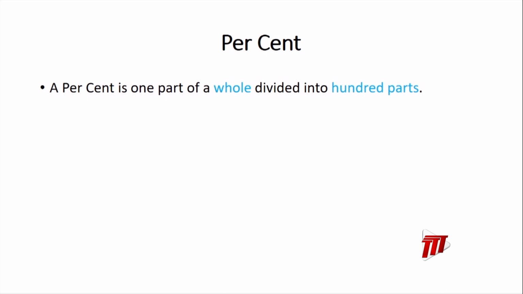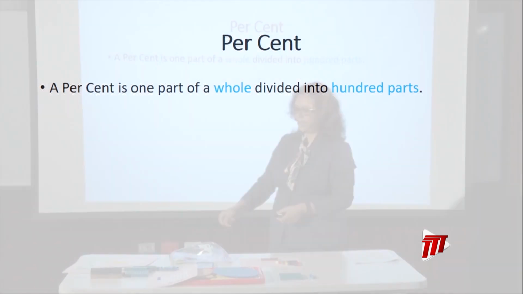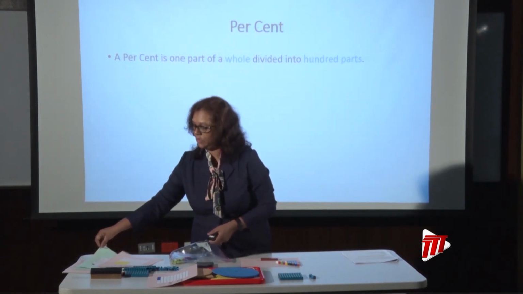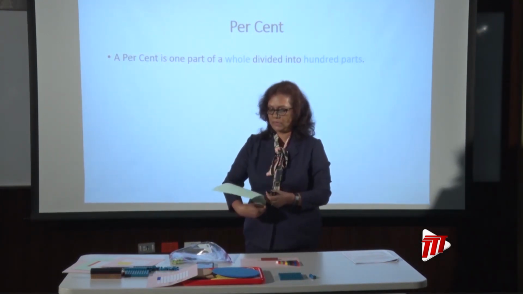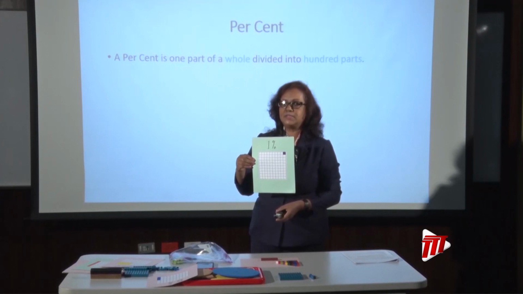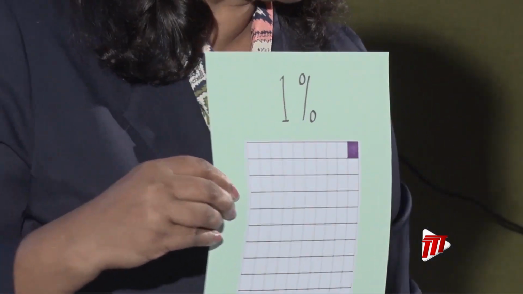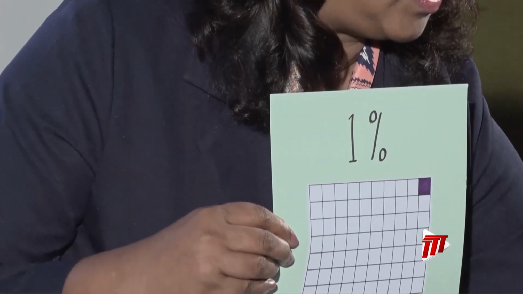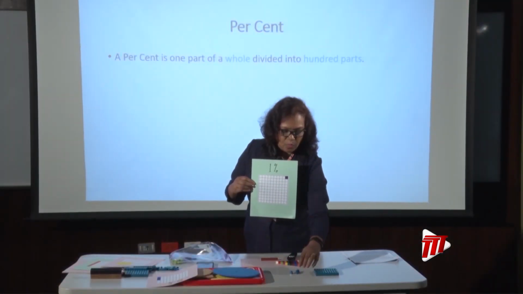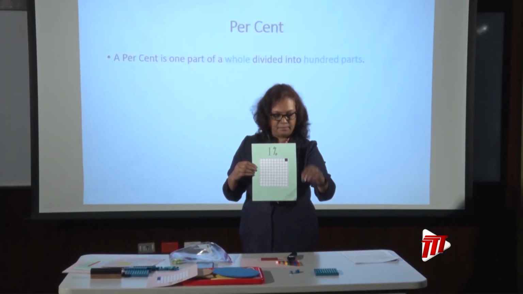So it's a fraction with the whole divided into 100 parts. So if I shade one of those parts, that is the same as 1%. 1% is also represented on the flat with 1 unit.